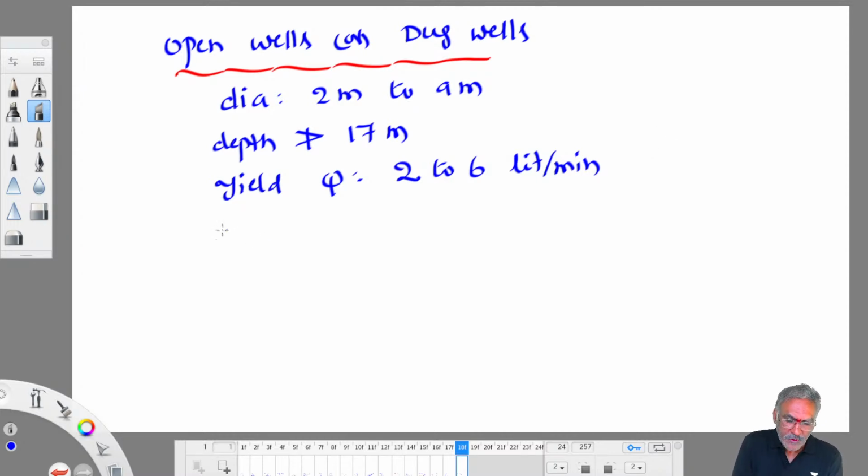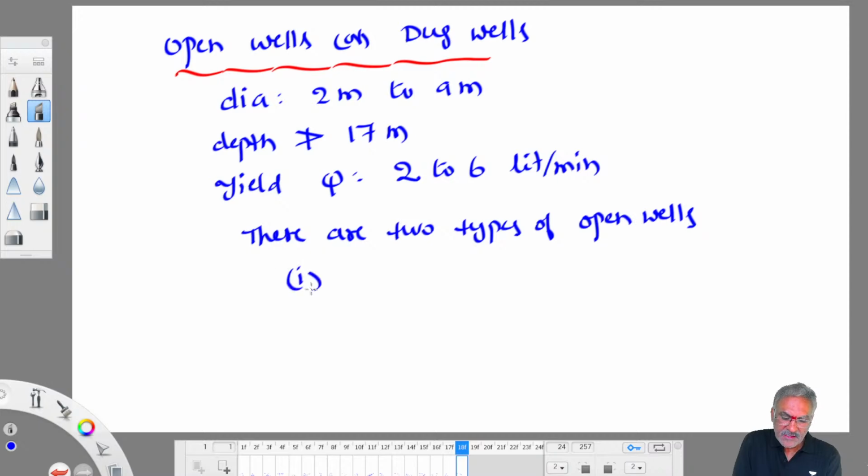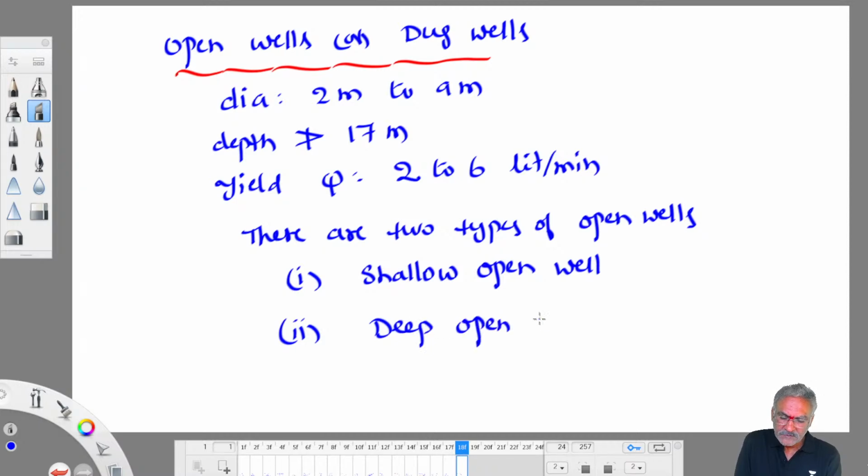So there are two types of open wells. One is shallow open well. Second one is deep open well. It is not based on depth. Shallow open well always collects water from the aquifer surrounding it, the top aquifer.